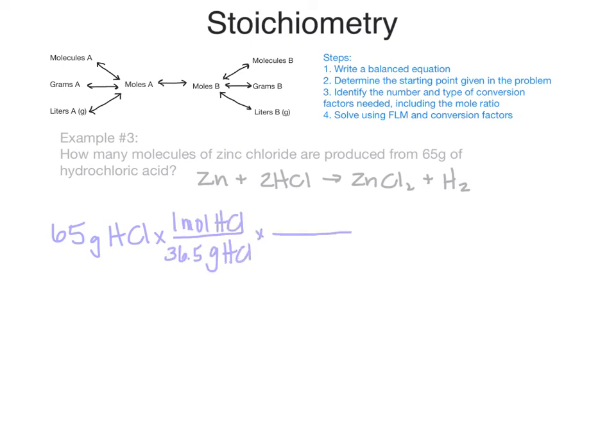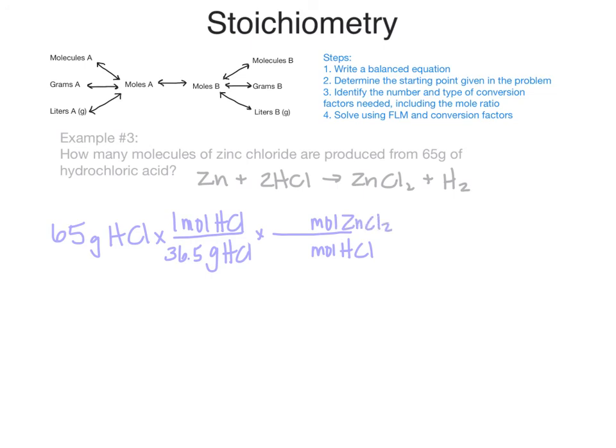And I'll first convert from grams to moles using the molar mass. Then I need my moles of HCl to go on the bottom. And from my map, I know that I am here at moles of A. So now this is going to be my mole ratio step, where I'm going to convert from moles of A to moles of B, or moles of hydrochloric acid to moles of zinc chloride.